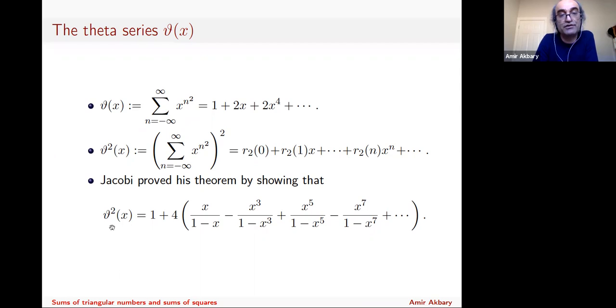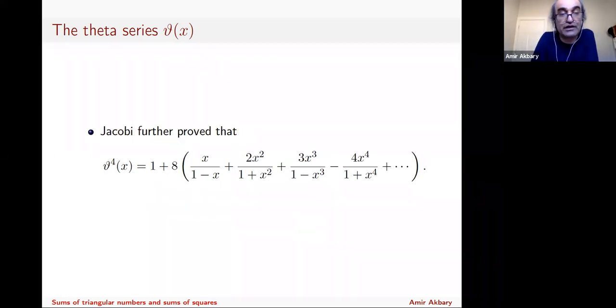So he was able to express theta squared of x in this form of a series. They call it the Lambert series. Now if you expand this series, x over 1 minus x and x cubed over 1 minus x cubed, and you find the coefficient of x to the power n, you get Jacobi's two-square theorem.